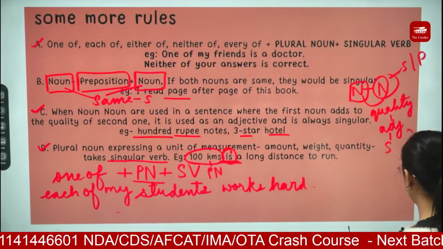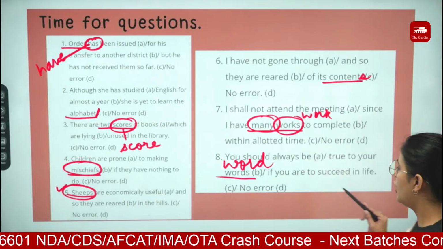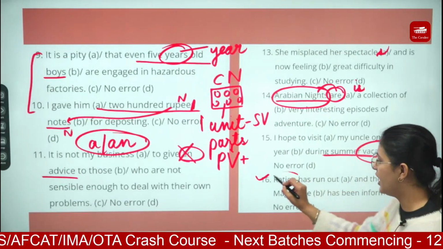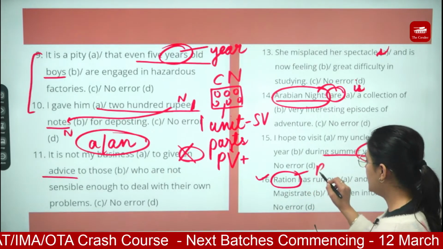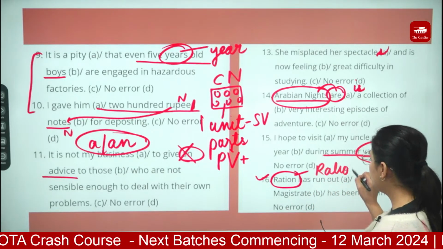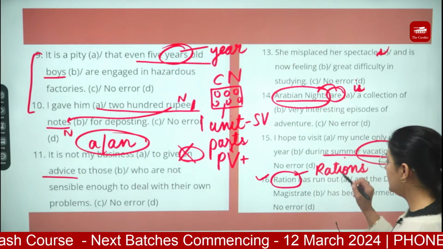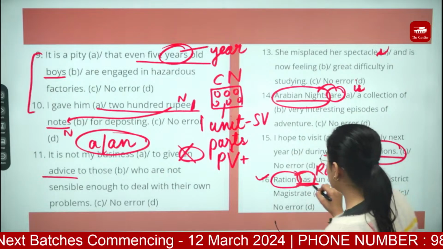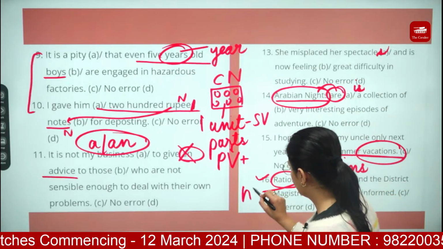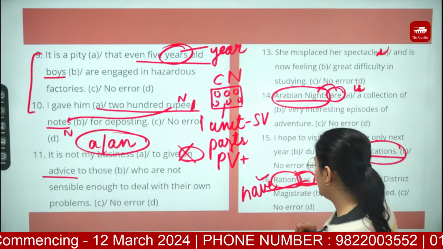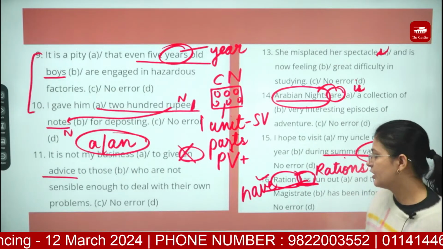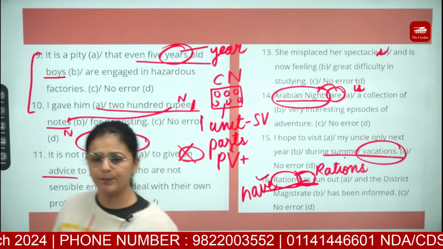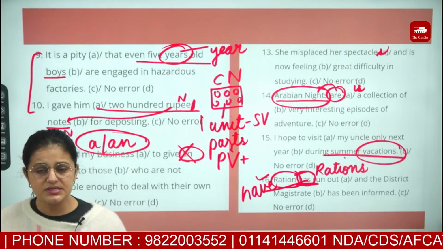So over here again, instead of "ration", it should have been "rations". Now this is plural. If it is plural, then instead of "has", what should it become? "Have", right?